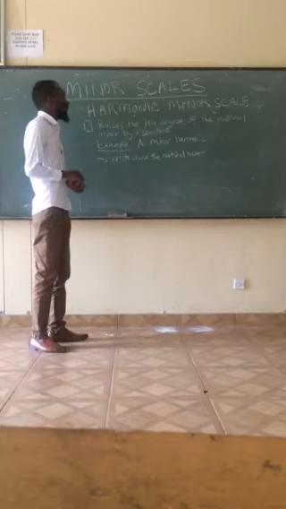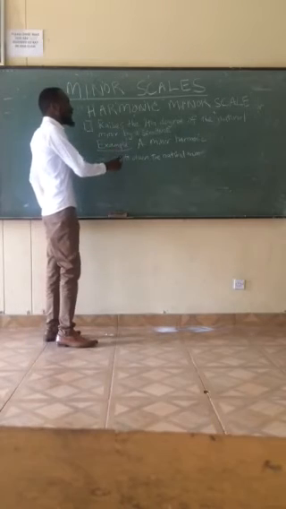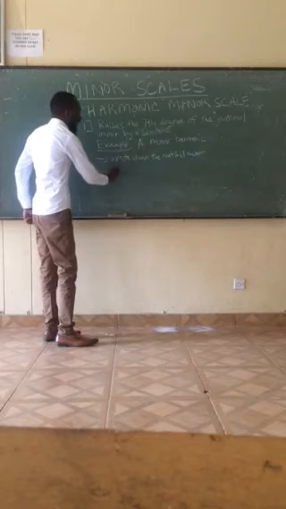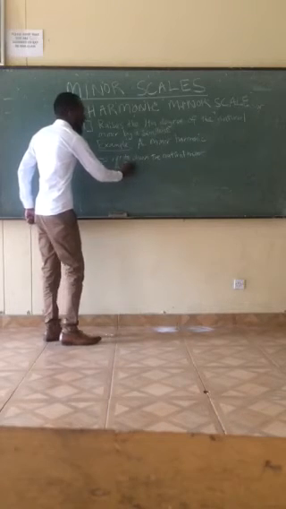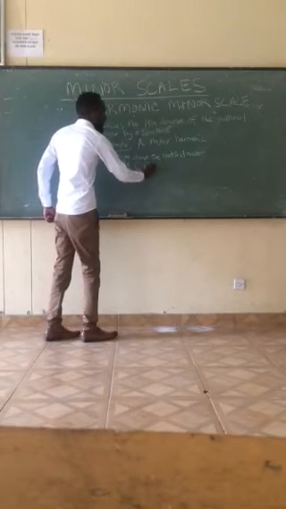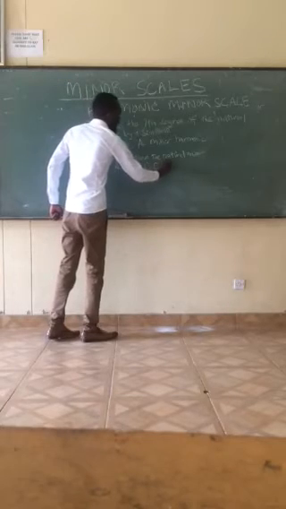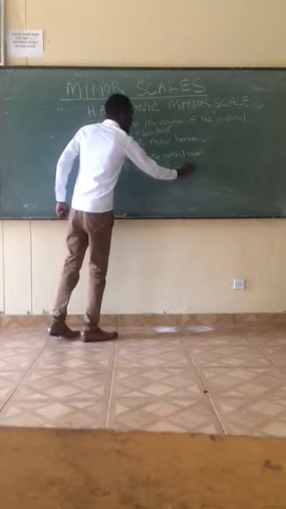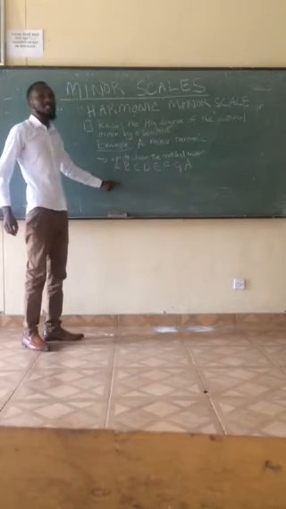We saw it in the previous lesson. The natural minor of A is A, B, C, D, E, F, G, and back to A. This is the scale that we saw in the last lesson.